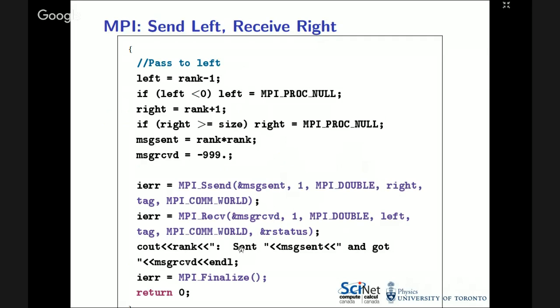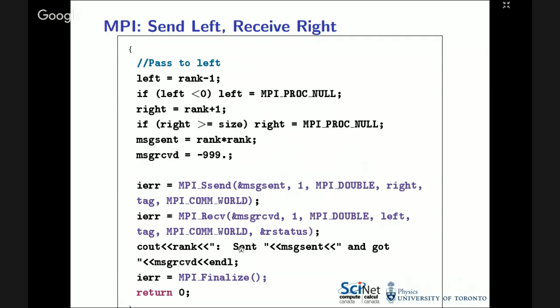So in this lexicon, everything's either on the left or on the right. It's a standard grid-based stenciling idea. And this is where we're going to use proc null, so I don't need to put if statements in here. If left is less than 0, we know there's no processor over here, right?